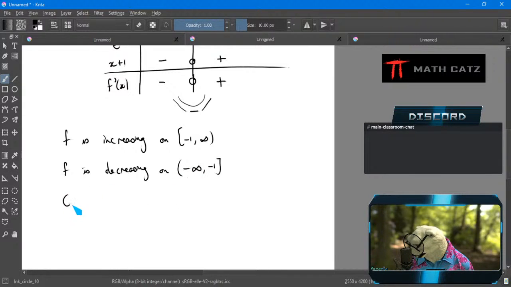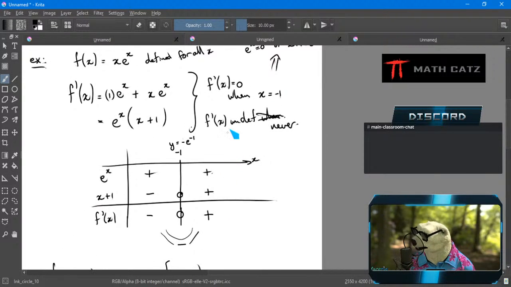Critical point? Yes. It's at x equal to -1 because it came out of my check of the derivative and there's an actual y value. There is a point. Critical point.